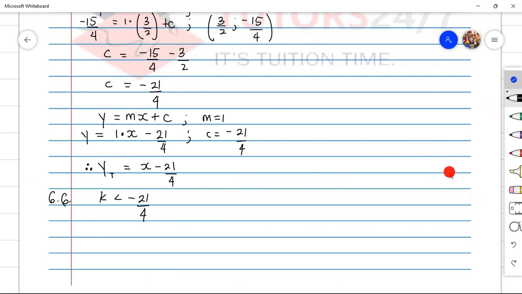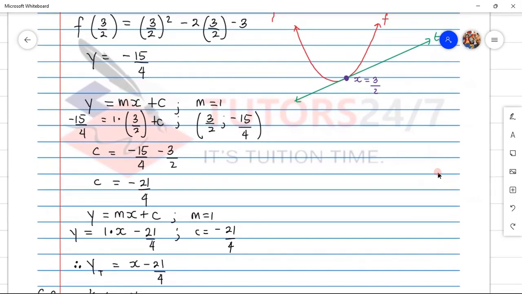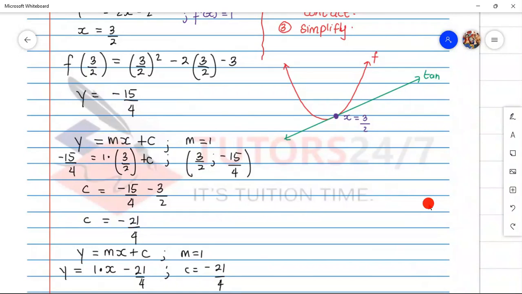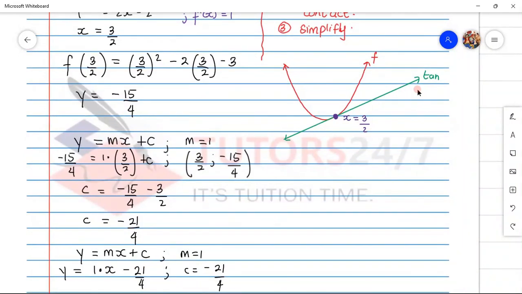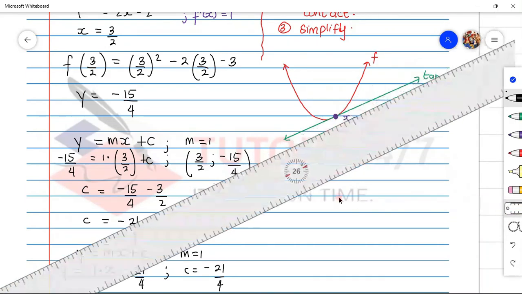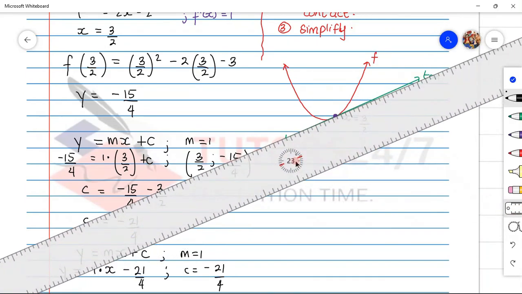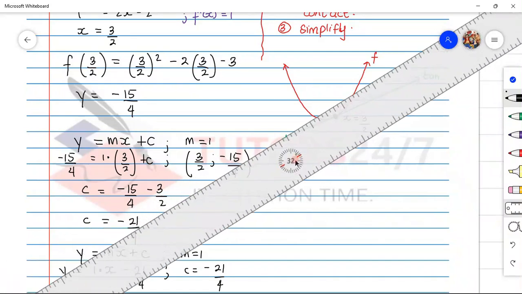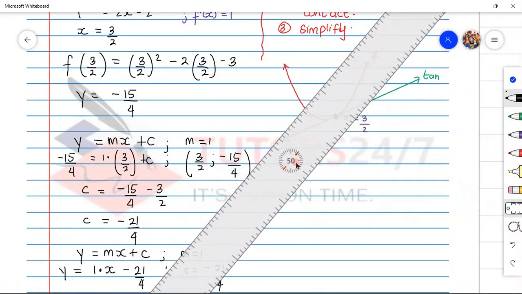So if k is less than negative 21 over 4, the line of h will not intersect f, because it's going to be lower than f, and if it's lower than f, it cannot come into contact with f. Let's just draw a y-axis so that we can explain a bit further.